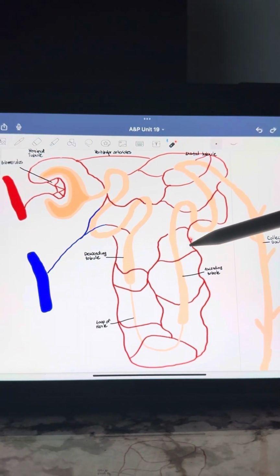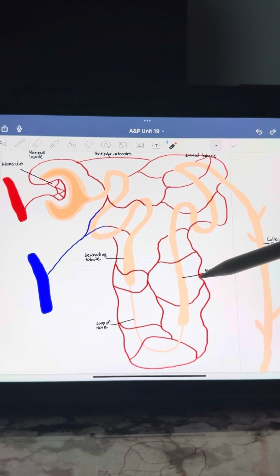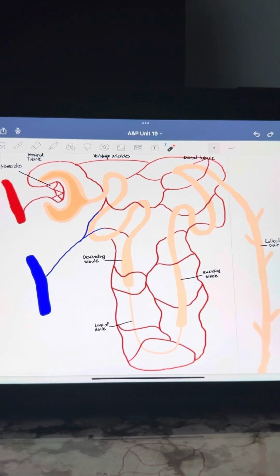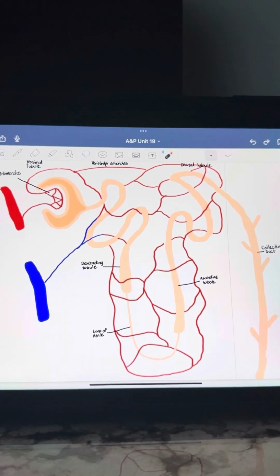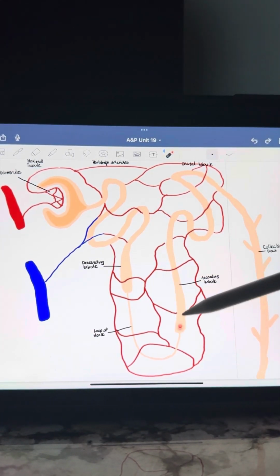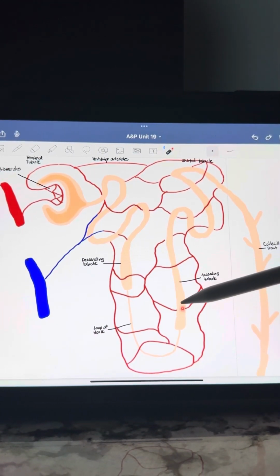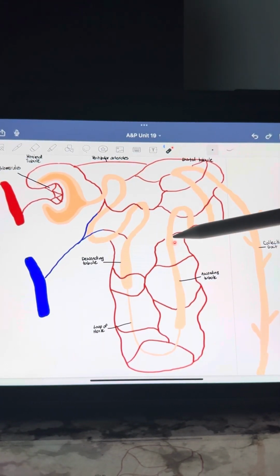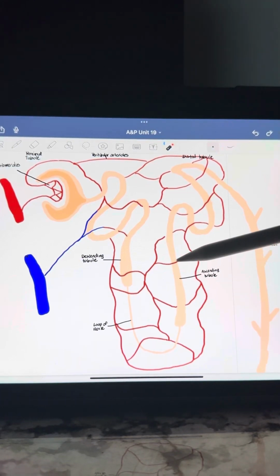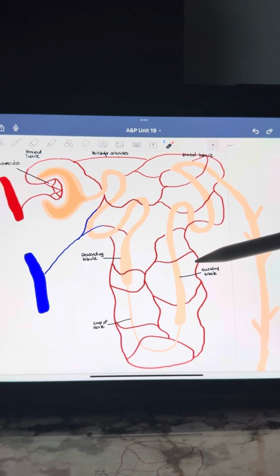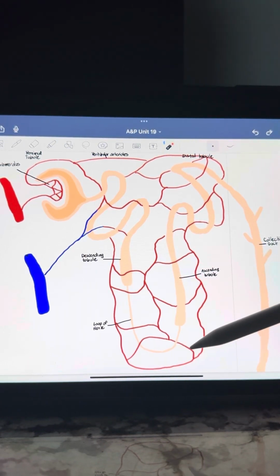As the vasa recta comes down here, it's able to pick up the solutes from the ascending limb that come out. Remember, this tubule here is not permeable to water, but the solutes are able to exit, so these arterioles will pick up the solutes.